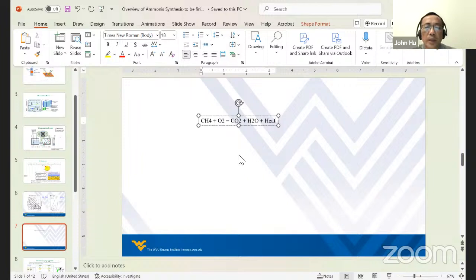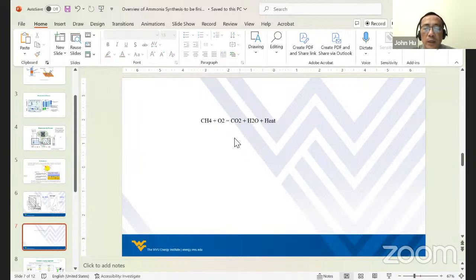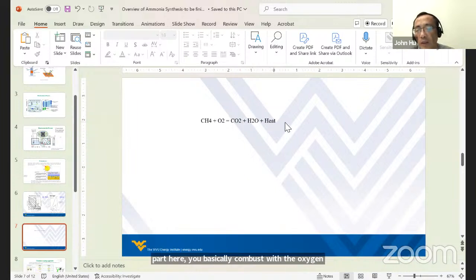In any chemical plant, if you need heat, you take a natural gas fired heater and combust with oxygen, and then you produce CO2 and water, and generate heat.